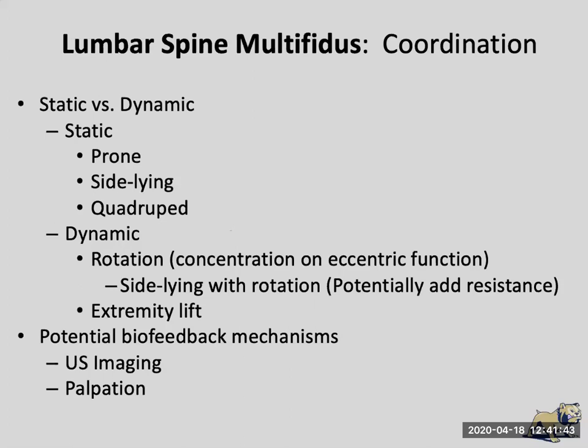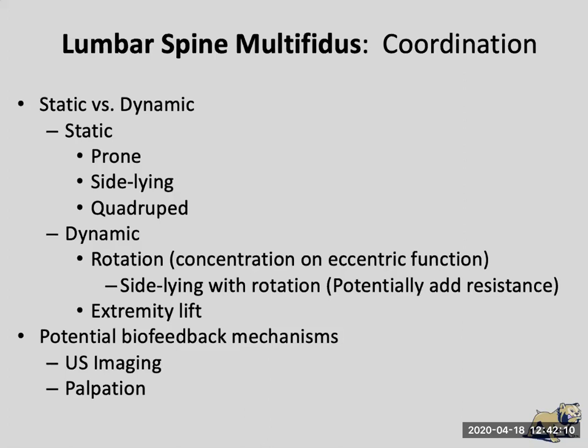So prone tends to be really great for the multifidus, sideline for the multifidus, or perhaps the transversus, and the quadruped position commonly described. And it can be really helpful to put weights, either ankle weights on the ankles, that is, or use hand weights to try to facilitate activation with lifting those extremities off the table.